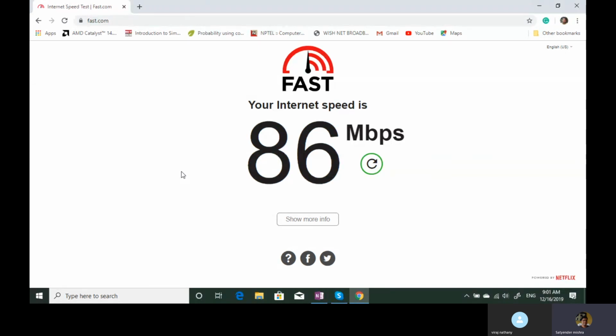Mine is fast, but anyhow, 15 Mbps is also fast.